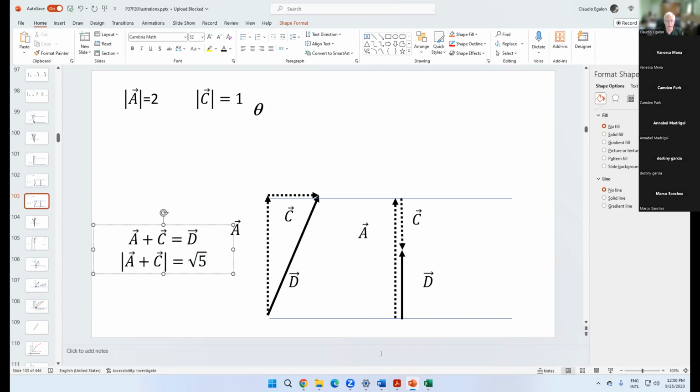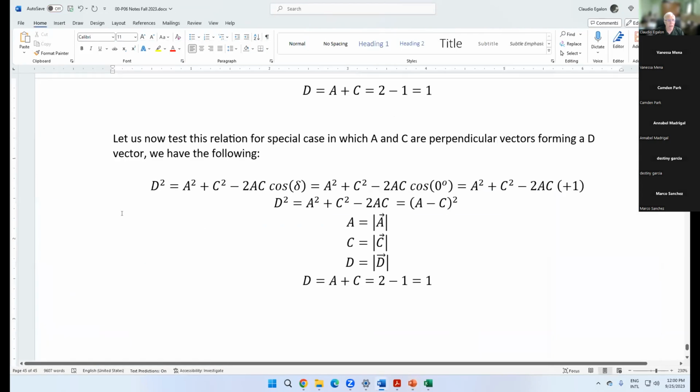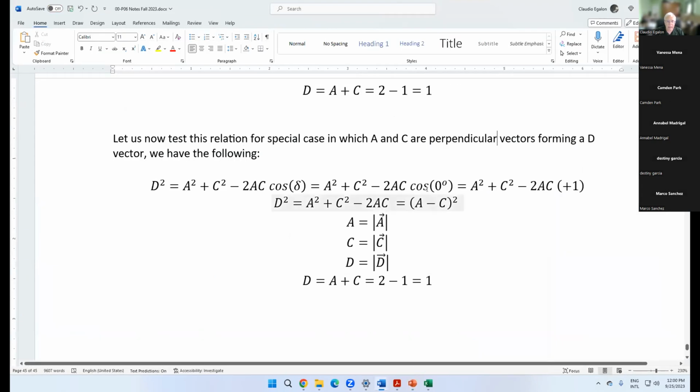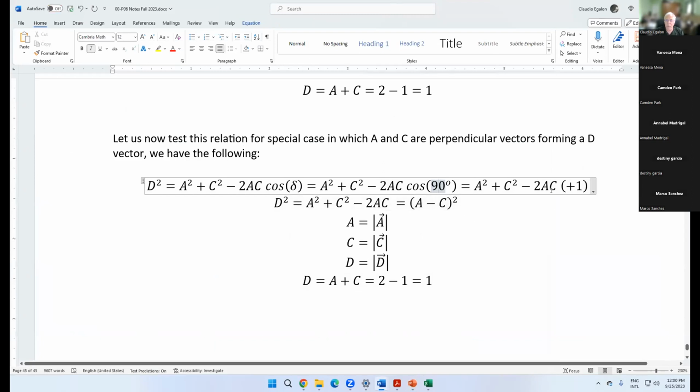Let's see the cosine law for perpendicular vectors. The angle delta is going to be 90 degrees, and the cosine of 90 degrees is 0.